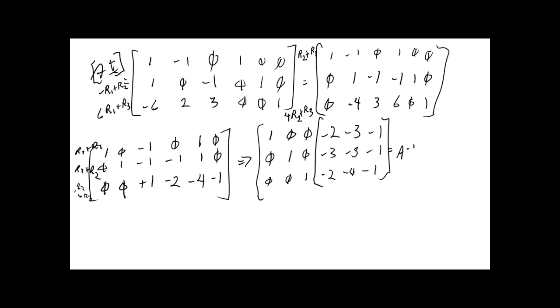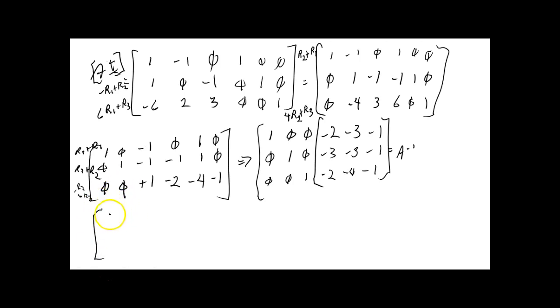Now, what we're supposed to do next is verify, confirm this by showing that A times A inverse is the identity matrix, and that A inverse times A is the identity matrix. Let me just do one of those. It doesn't really matter which. I'll write down A first and then A inverse, and we'll see if it works.